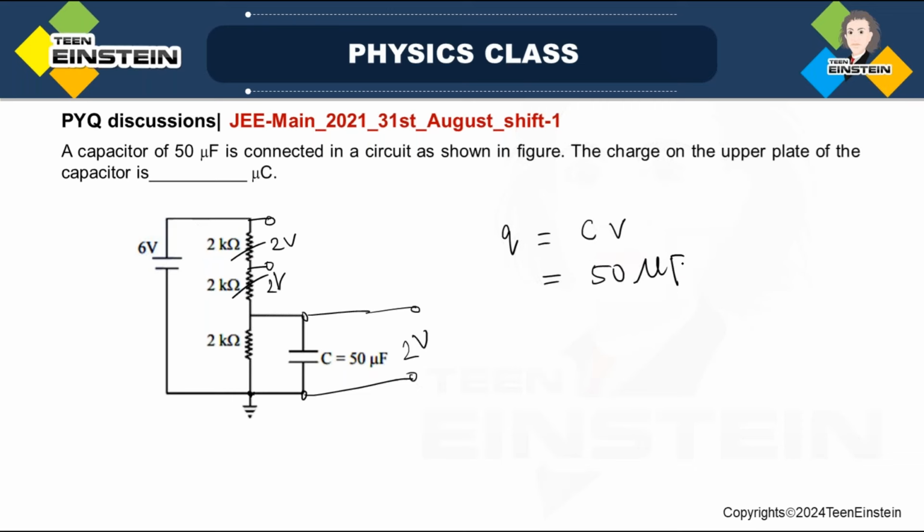C is 50 microfarad, and V is 2 volt. So it will be actually 100 microcoulomb, since farad into volt will be coulomb. Okay, so this is 100. All right. Let us go to the next problem.